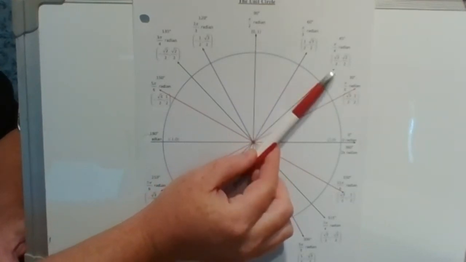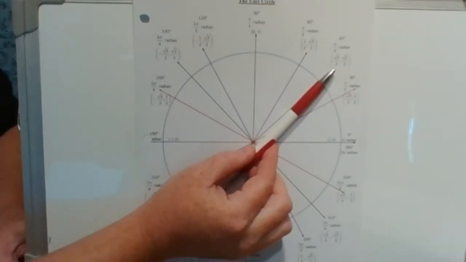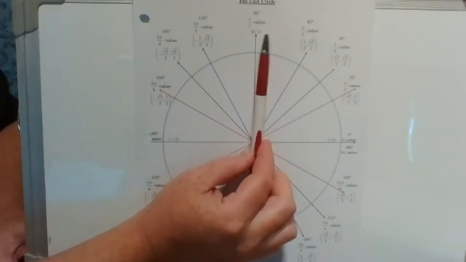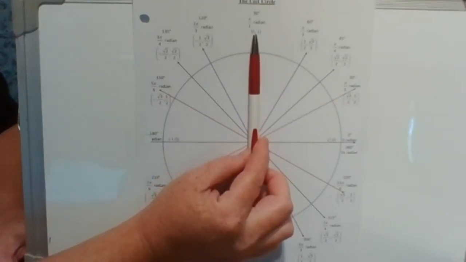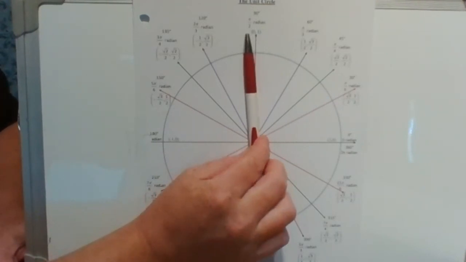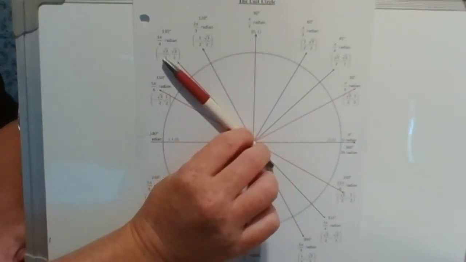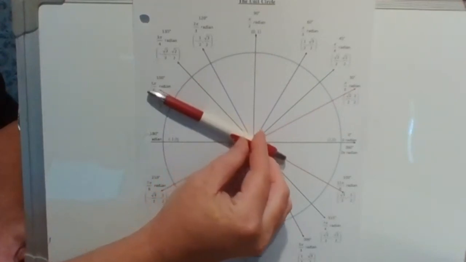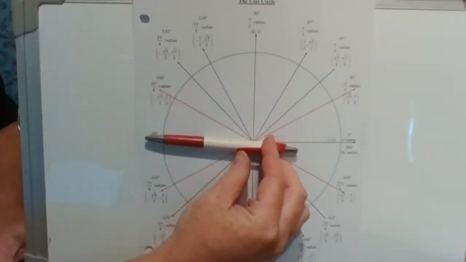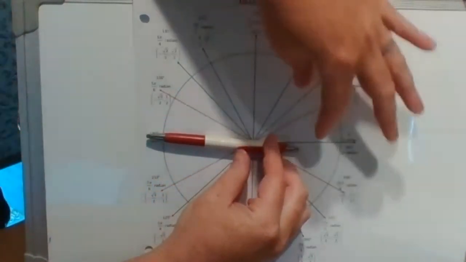Double 45. So this is 1 pi over 4. This is 2 pi over 4, which simplifies to pi over 2. This is 3 pi over 4. This is 4 pi over 4, which simplifies to just pi.